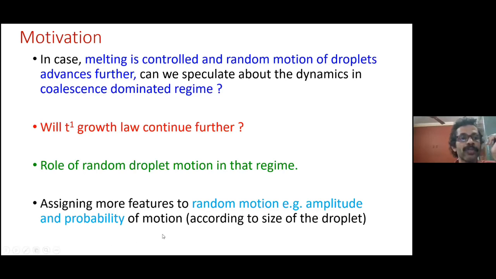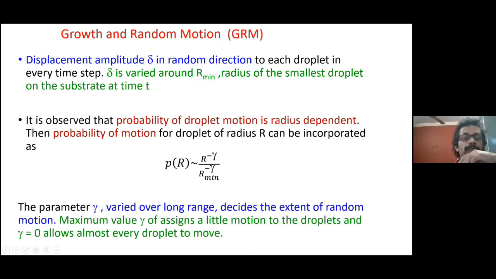So what will happen to this T⁻⁴ growth law, whether it will continue or go into something else? We decided to put some parameters and a new modality called growth and random motion. They will simultaneously grow, plus they will undergo some random motion also. This was something like first of its kind, including both of them together in a model where droplets are coalescing, and then we gave some amplitude for their motion or displacement, and the probability.